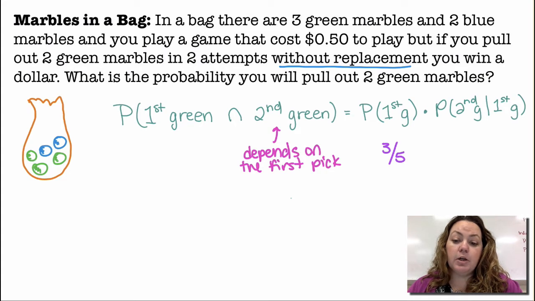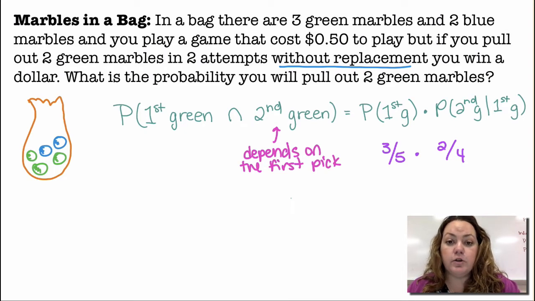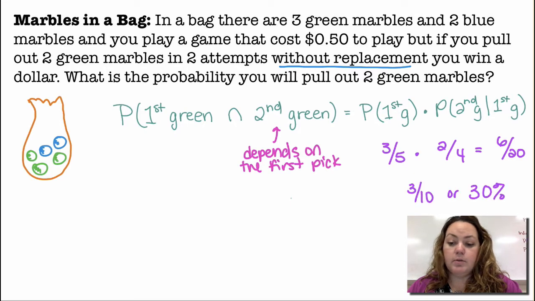We're going to assume that you pulled a green out. So now you only have 2 greens left, and only 4 marbles left in your bag. So the second one is a conditional: second green given you got a green the first time. Then I multiply, top times top, bottom times bottom, that gives me 6/20ths, which you can change to a decimal, 3/10 or 30% or 0.3.